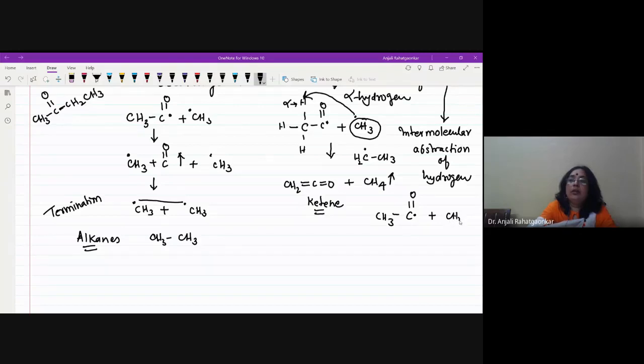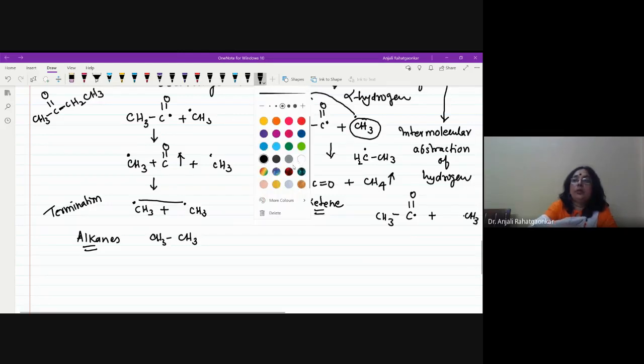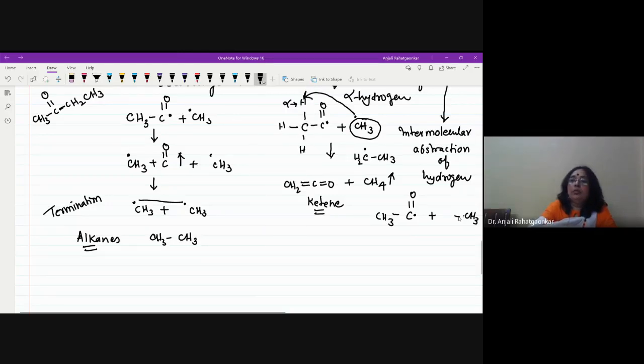And CH2CH3. Okay, I have changed the substrate a little to show you the intermolecular abstraction of hydrogen. For the sake of intermolecular abstraction, I am just modifying this moiety a little bit, so I'm drawing it like this.